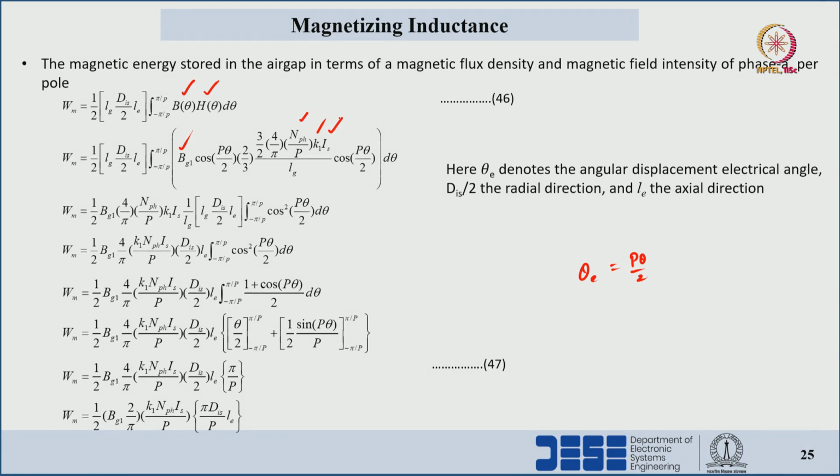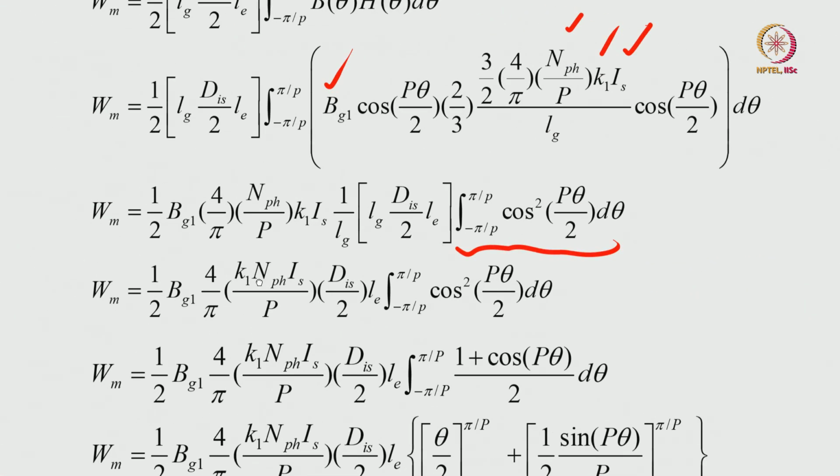Everything will be constant and will be taken out, and the function will be equivalent to the integral of cos square of theta electrical into d theta.